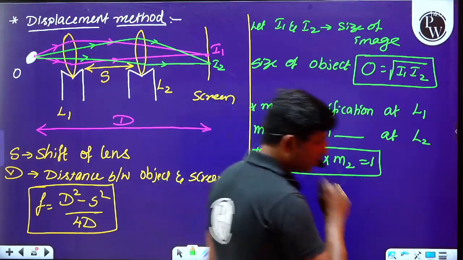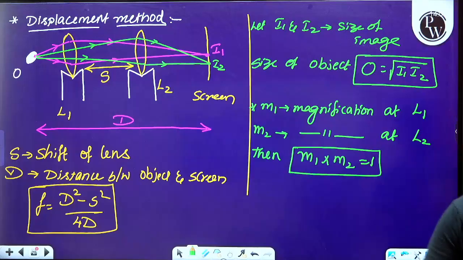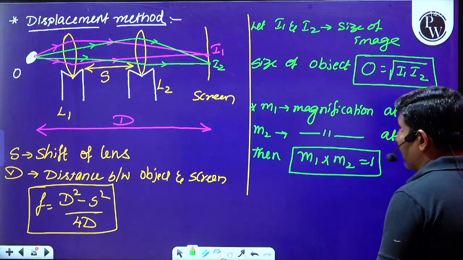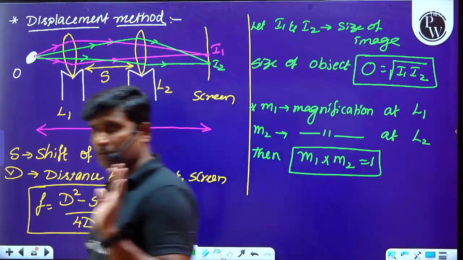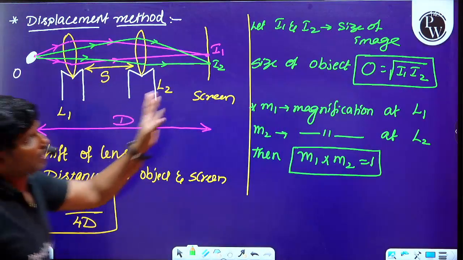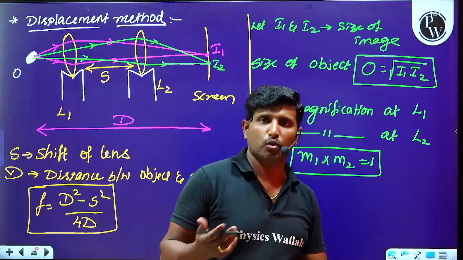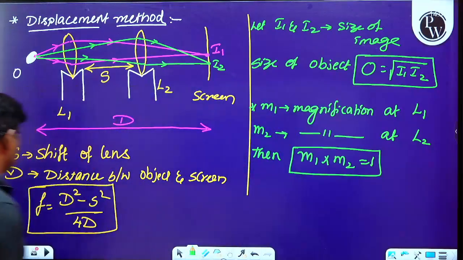These are the questions which can be expected, based on practicals. This is the displacement method to calculate the focal length of the lens. So based on this, we can expect questions in the NEET entrance examinations. Okay. Now let us move on to the next concept.